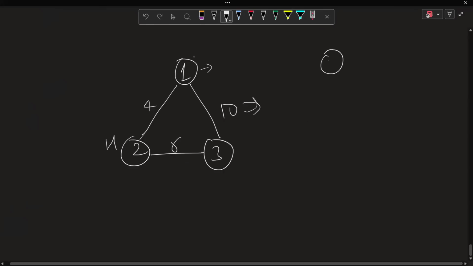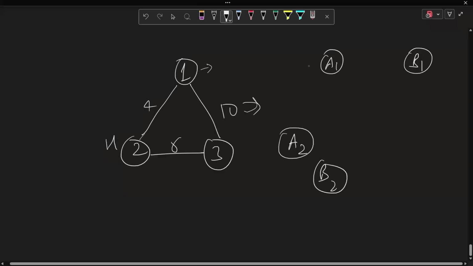Let's say I'm calling this node A1 and this node B1. This 2 is broken into A2 and B2, and 3 is broken into A3 and B3.